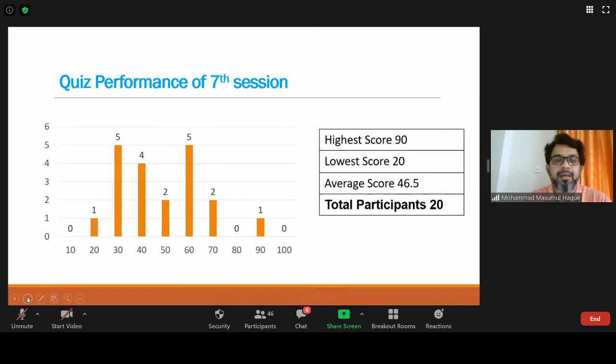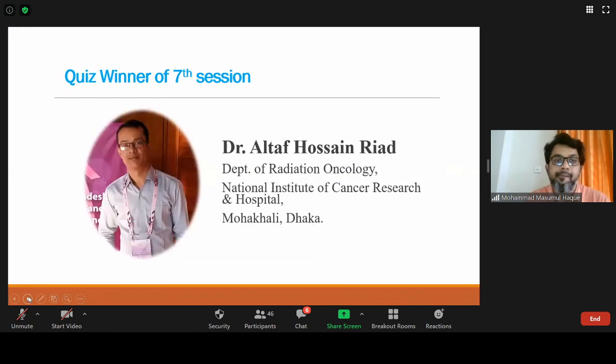This is the result analysis of our last session. It shows some heterogeneity; the high score was 90 and the average score was 46.5. The winner, Dr. Altaf Hussain, was also the winner of the seventh session. Probably he won the award for the second or third time, I guess.